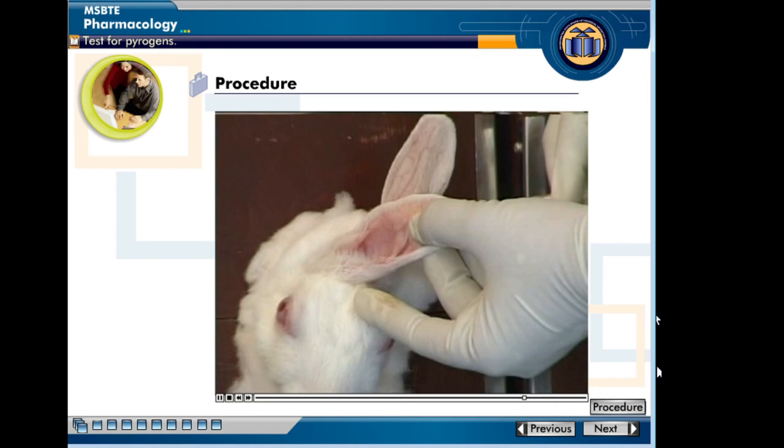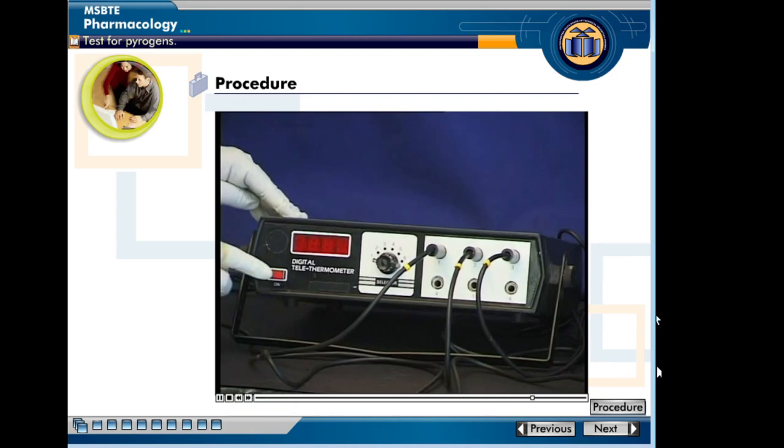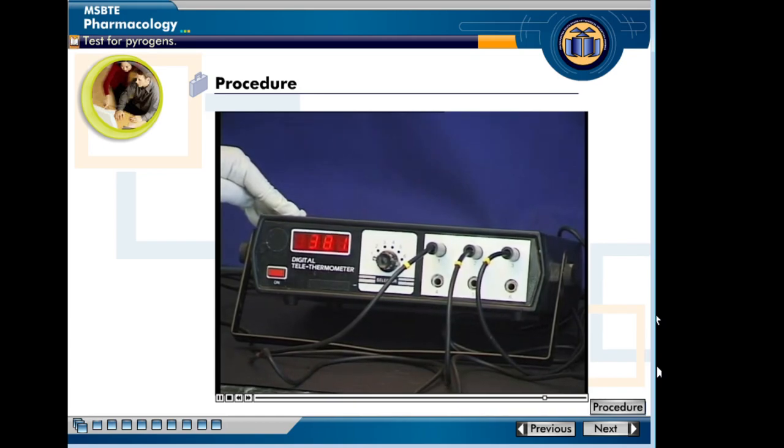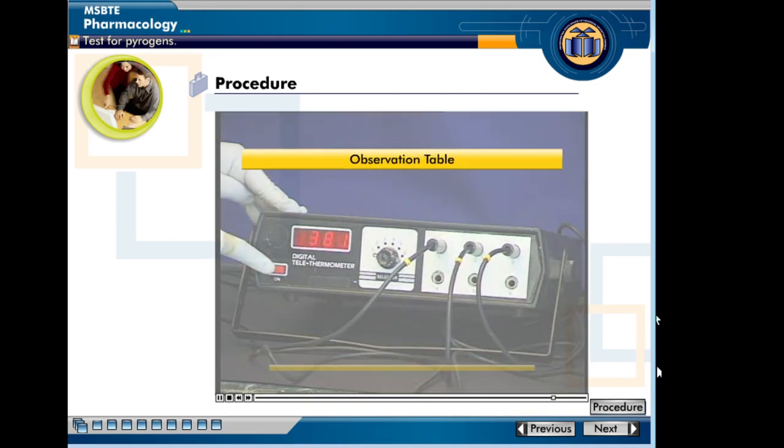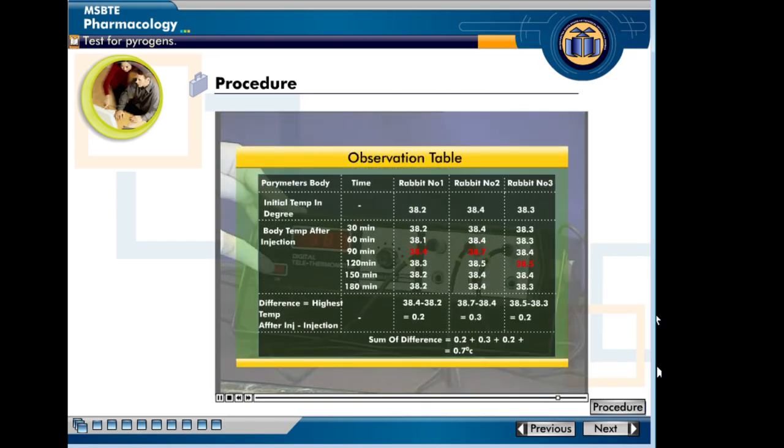Record the temperature of each rabbit every half hour for 3 hours after the injection. You shall observe that the rise in body temperature of all 3 individual rabbits is less than 0.6 degrees centigrade. This is indicative of the fact that the test sample is free from pyrogens.